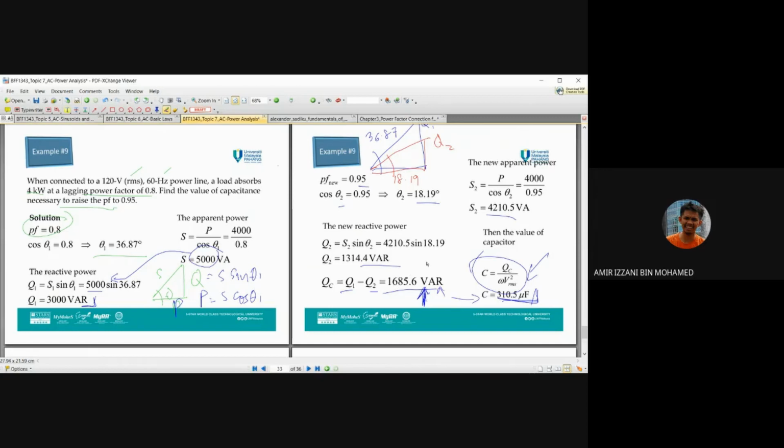So it's not a very specific value like 1685.5 VAR. Instead it's in megavar, like 5 MVAR, 10 MVAR, then 20. So we have several capacitors and we combine them in the best combination to improve the power factor in a power system.